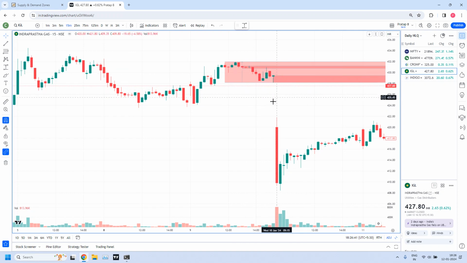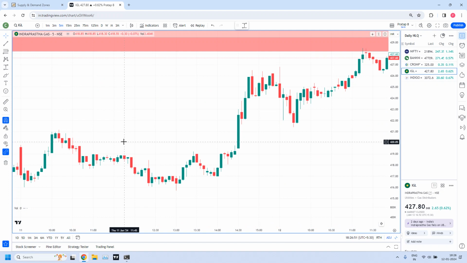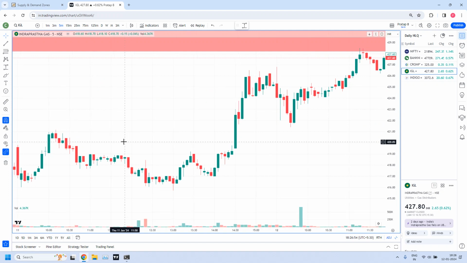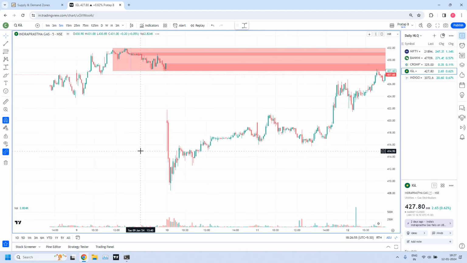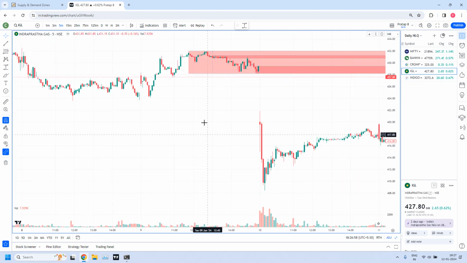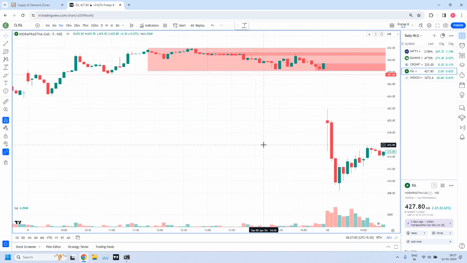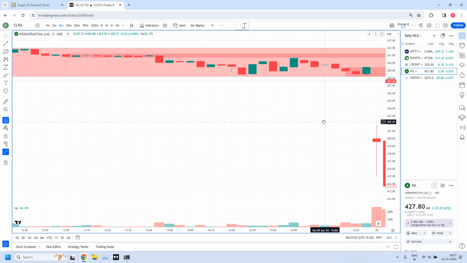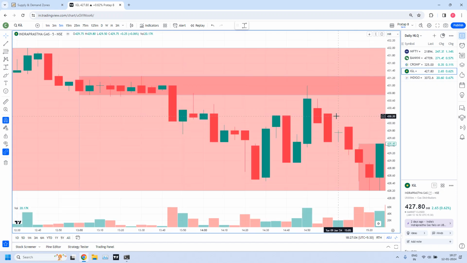But in both these 15-minute zones, price structures are not good. And you will understand that if you go to 5 minutes time frame. So I am changing the time frame to 5 minutes. Look into the 5-minute zone inside the 15 minutes area.